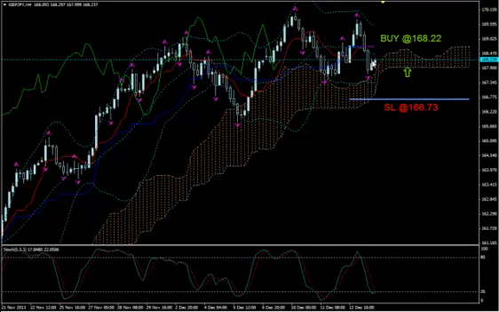or a bit lower than that. So if we go from 168.22 to 169.54, we have 130 pips, something.